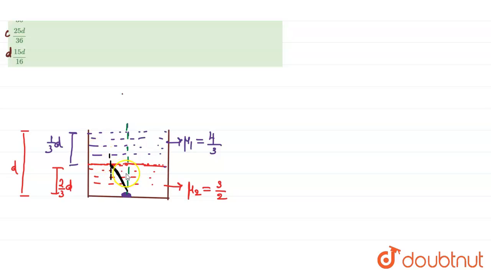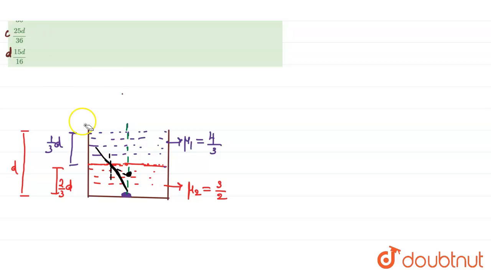On extrapolating this line, this is the point. This is the apparent depth.